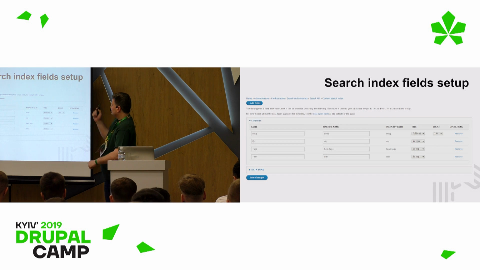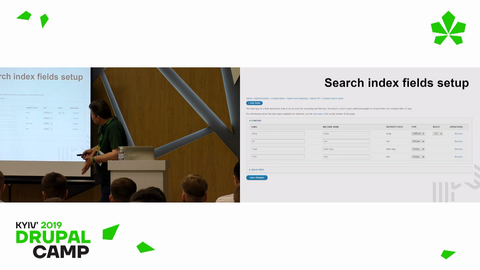When we take a look at the slide, you will see a few fields. They can be added via the add fields button. It's body, another ID field, standard tag fields, and title fields. And you can see the type column for each field.